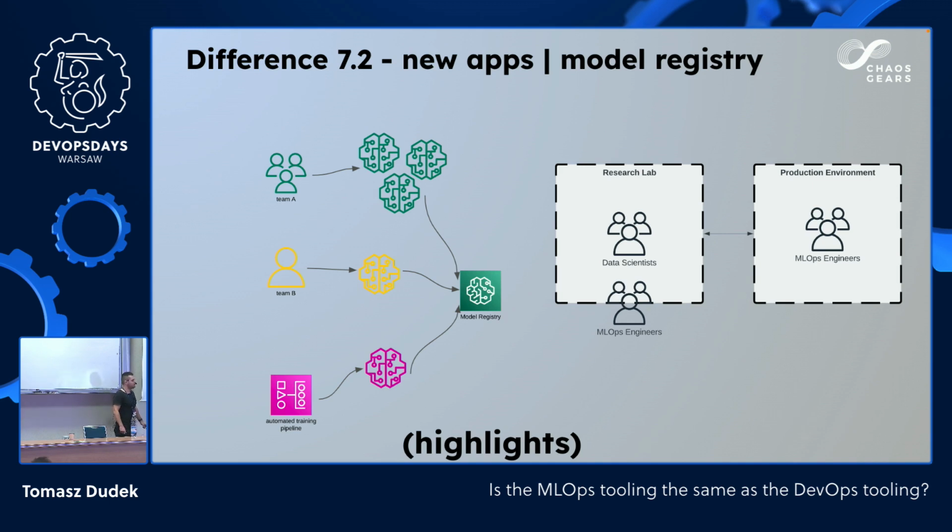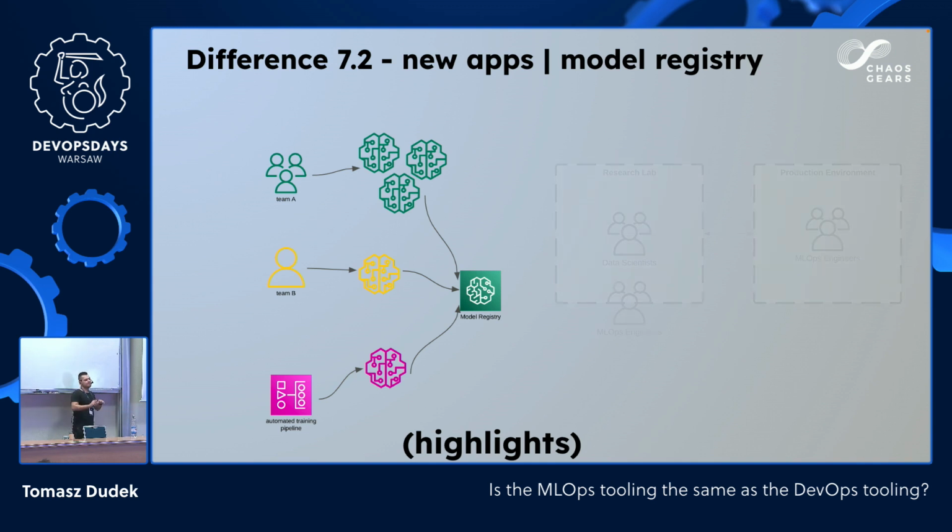On the right, you see a quick refresher of what I told you at the beginning. There's a research lab and there's a production environment, and what connects those two areas is a model registry. In essence, this is nothing other than an artifact repository with some metadata that you store along with your files.